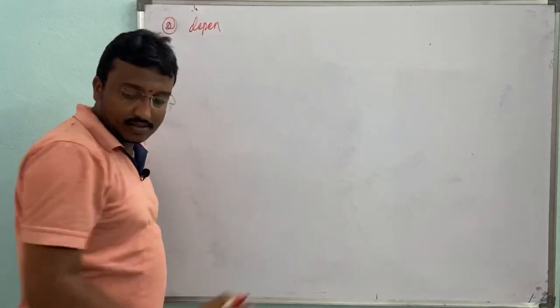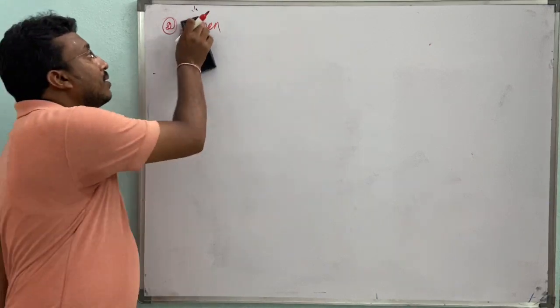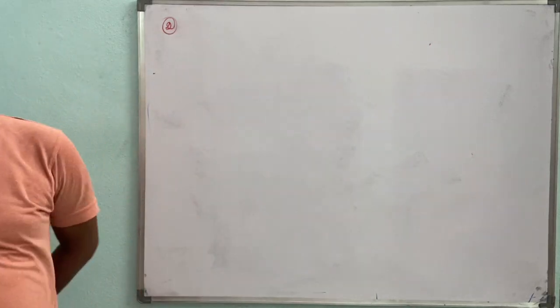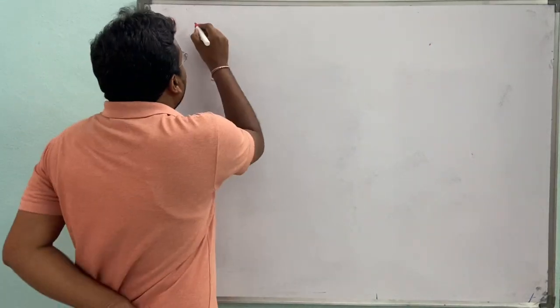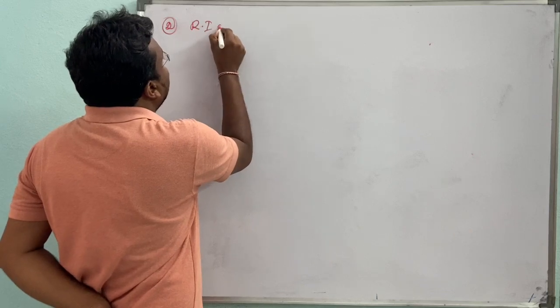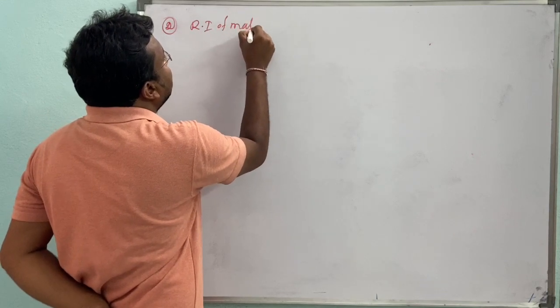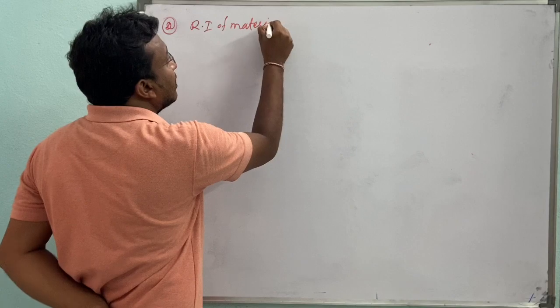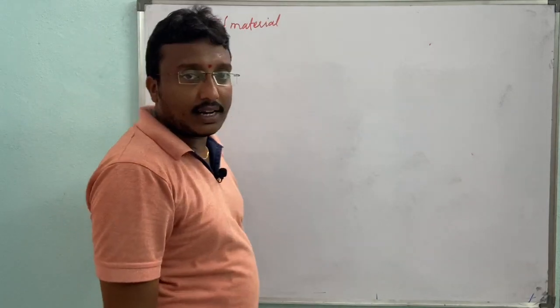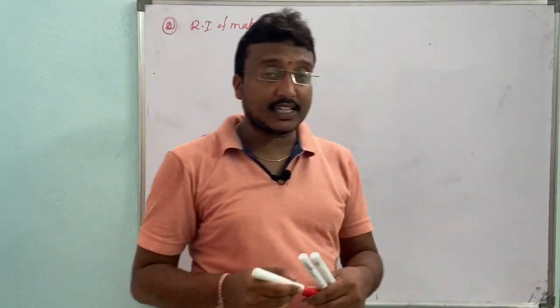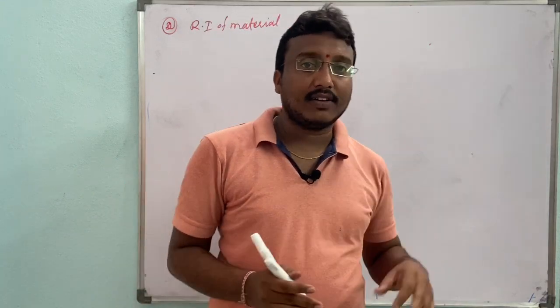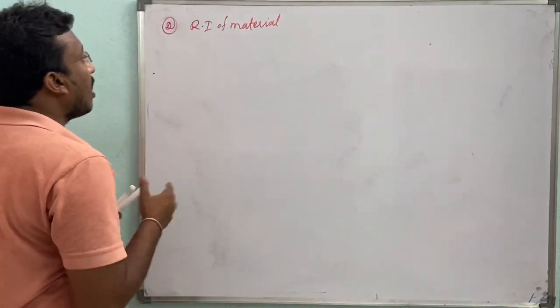The second factor is the refractive index of the material. The refractive index of the material also affects the angle of deviation. How is it?